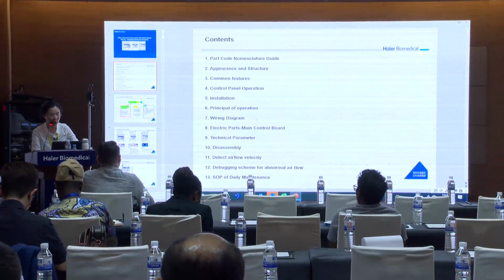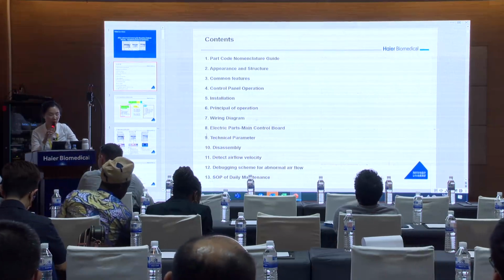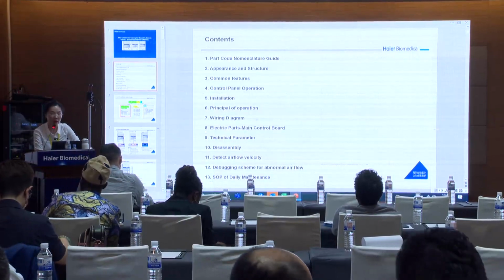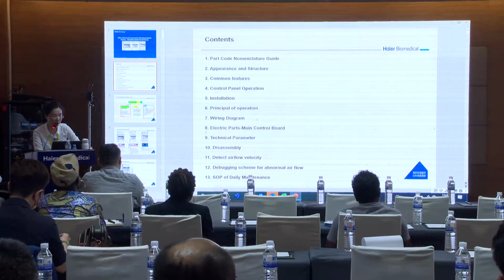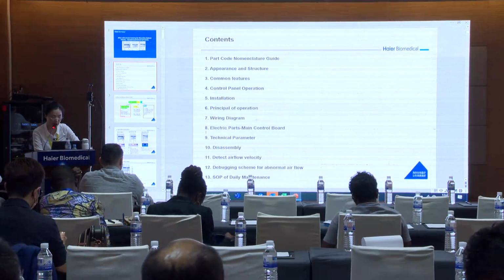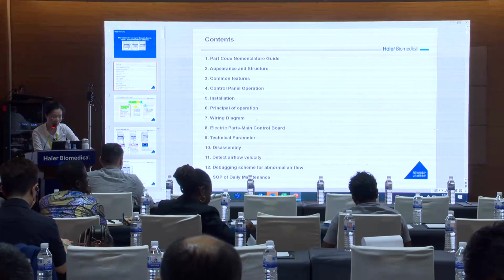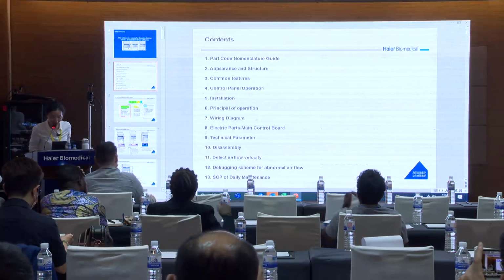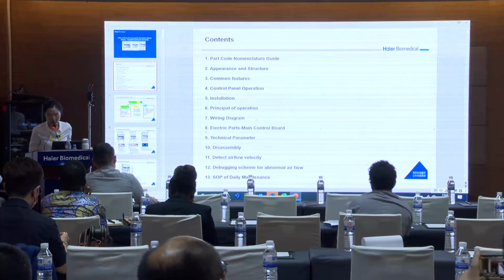Firstly, part code nomenclature guide, appearance and structure, and common feature, control panel operation, installation, and principle of operation, wire diagram, electrical parts, main control board introduction, some technical parameters, assembly and detect airflow velocity, and some debugging scheme for abnormal airflow, and some SOP.